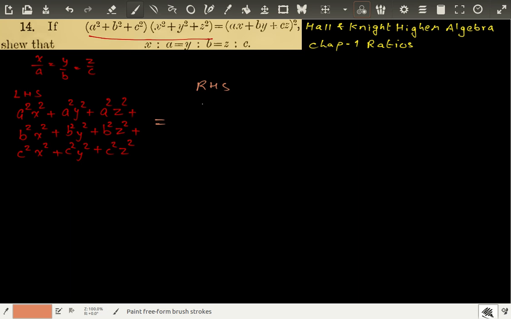We have been given that LHS is equal to RHS. So this becomes a²x² + b²y² + c²z² + 2axby + 2bycz + 2czax.